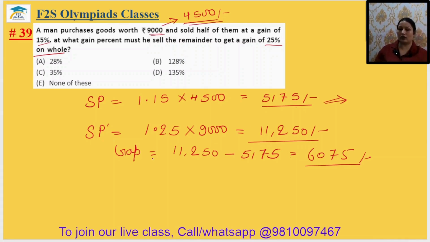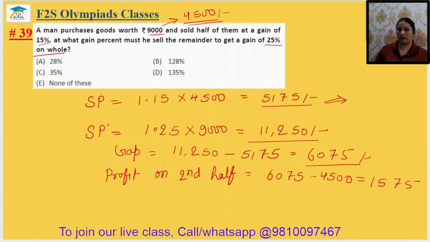Remaining 4,500. So how much profit does he want to earn? Profit on the second half amount of the item will be 6075 minus 4500. So it will be 1575 rupees. But we want profit percentage, so profit percentage will be 1575 upon CP.